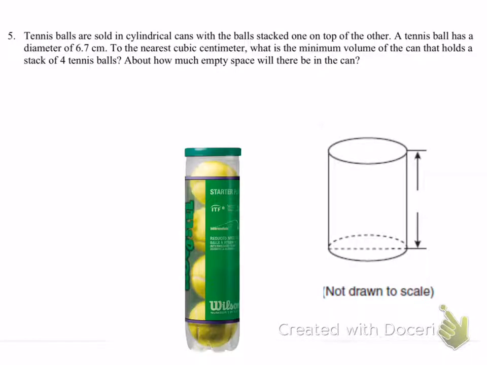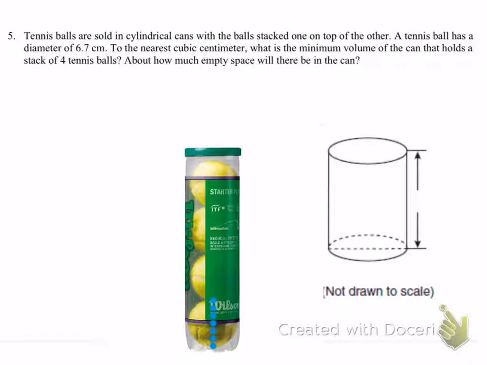Here's our tennis ball can again. So I have the 4 tennis balls in here, and now I just need to figure out the height of the cylinder and the radius, because when I figure out the volume of a cylinder, remember it's the area of the base times the height. And so to figure the area of the circle, I need pi r squared, so I need the radius.